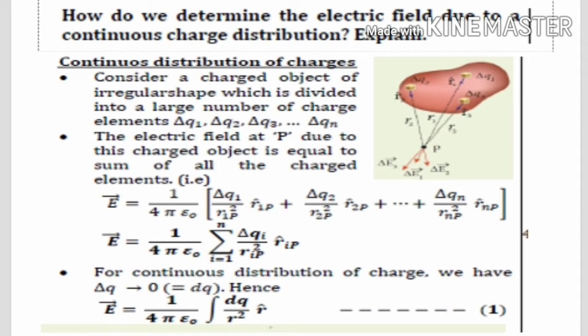In the previous video we have discussed that for the continuous charge distribution the integration must be used. So with respect to that point the above equation will become an integral form like E vector is equal to 1 by 4 pi epsilon naught integral dq by r squared into r cap.